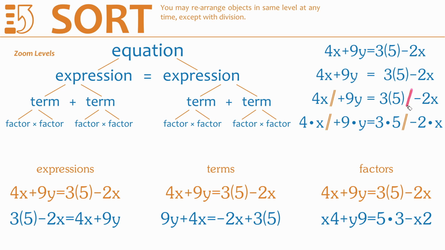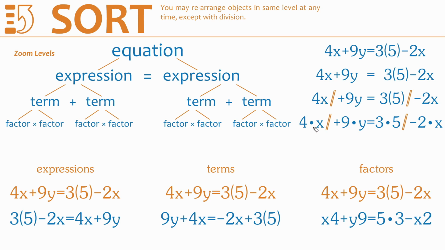It's combining. So I put a term separator in there. 3 times 5, stop, negative 2x. The terms start and stop there.